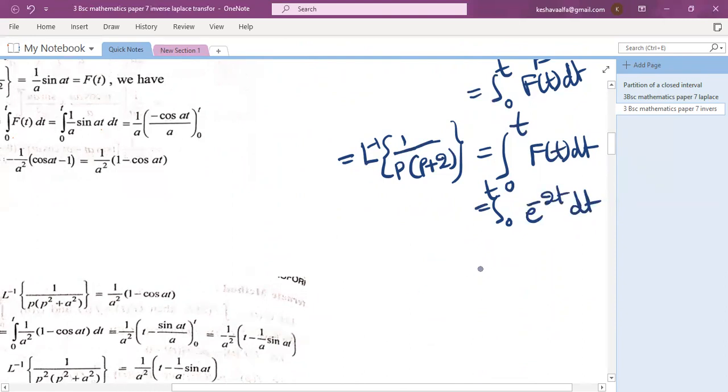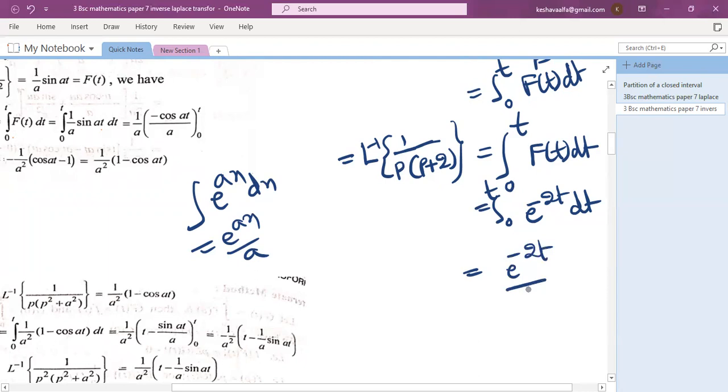So what is the integration? We know that integral e power ax dx is equal to e power ax by a. Using this formula, we get e power minus 2t by minus 2, with limits 0 to t.